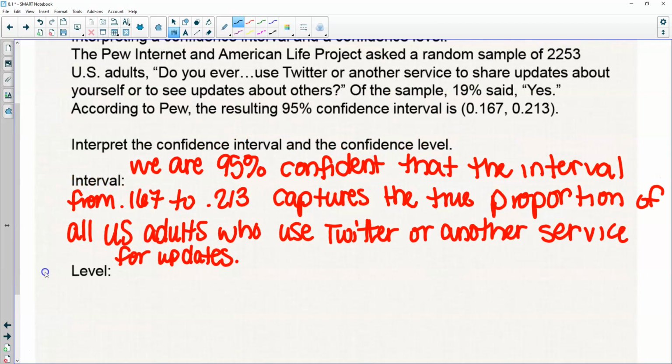So now here we're talking about just strictly the level. That means we do not use the interval this time. We just use the sample size because remember we have to talk about doing the same thing multiple times.